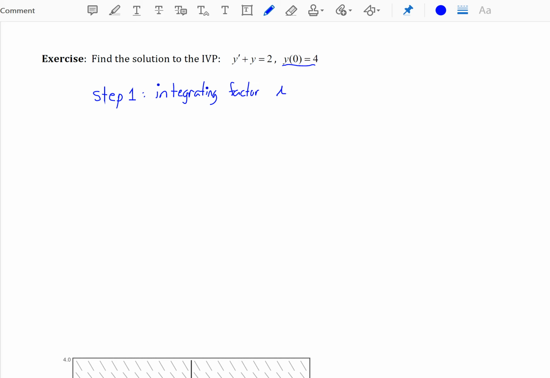Our integrating factor mu is going to be e raised to the integral of p of t. So in our example this time, p of t is always going to be the coefficient of this y term. So here our coefficient is just 1. So we're looking at e to the integral of 1 dt, which we know is going to be e to the t.